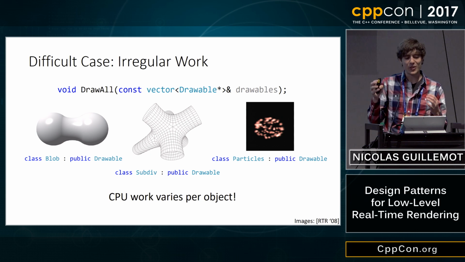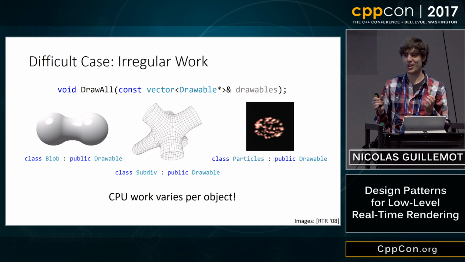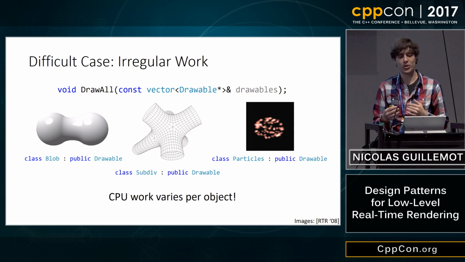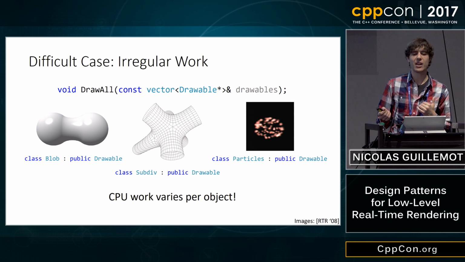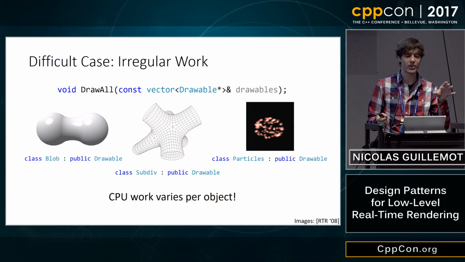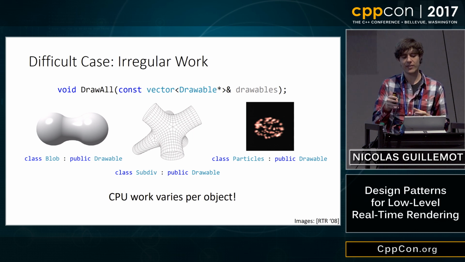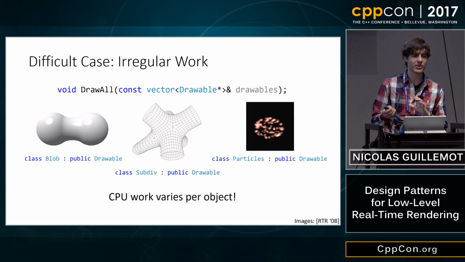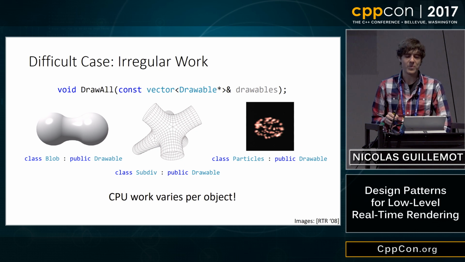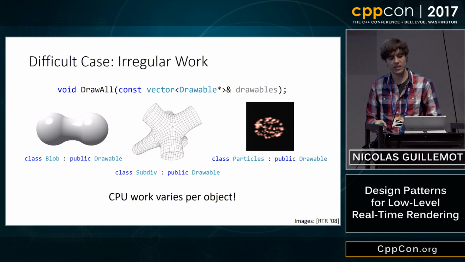So the difficult case is, what if you're not working with regular work, or regularly shaped objects? For example, maybe you have a renderer that you want to be extremely general, and you want to handle blob-shaped objects which require marching cubes, or subdivision objects which require some kind of triangle subdivision algorithm. And then you want to have particles which require binning and sorting, all sorts of stuff to make them look right.